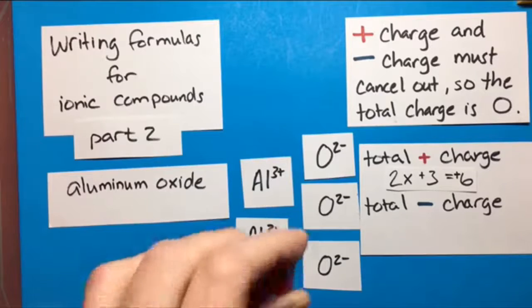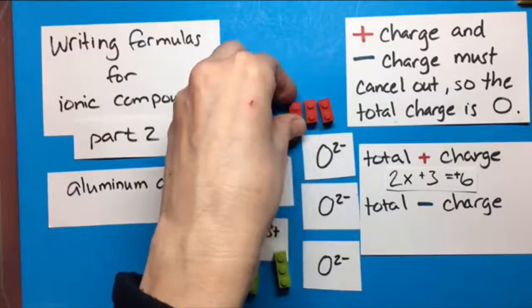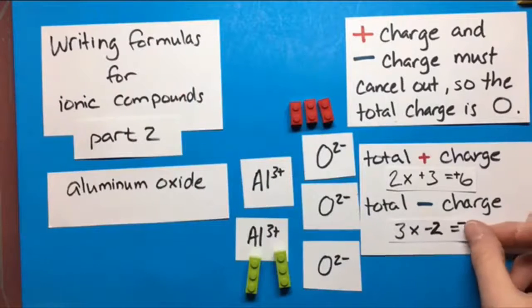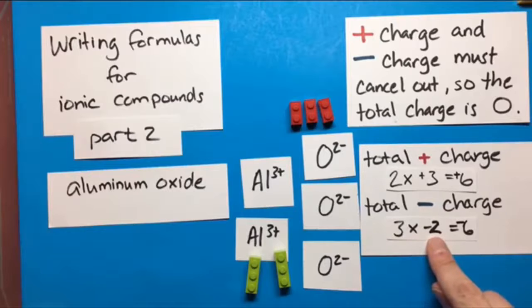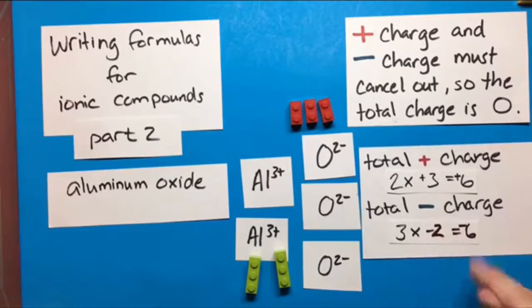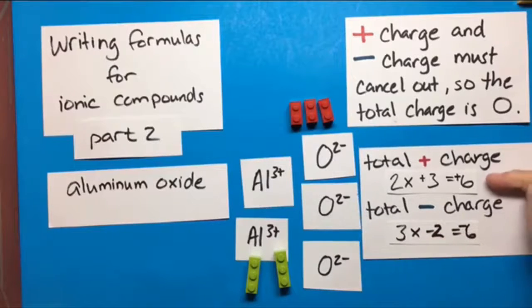For the negative ions, the oxide ions, I used 3 oxide ions, and each oxide ion has a charge of negative 2. 3 times negative 2 is negative 6. I can see that my positive charges exactly cancel out my negative charges. Therefore, this is the correct formula.